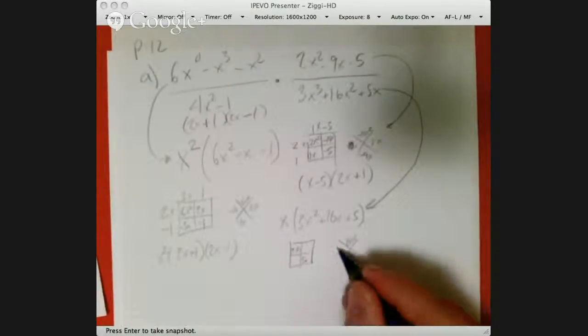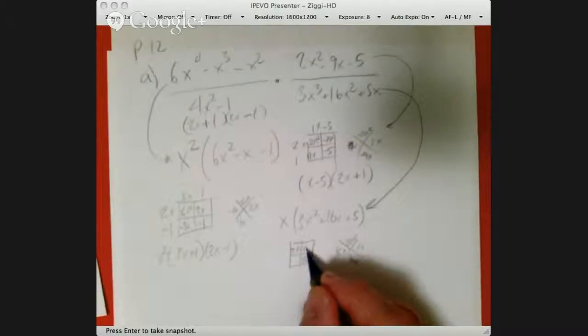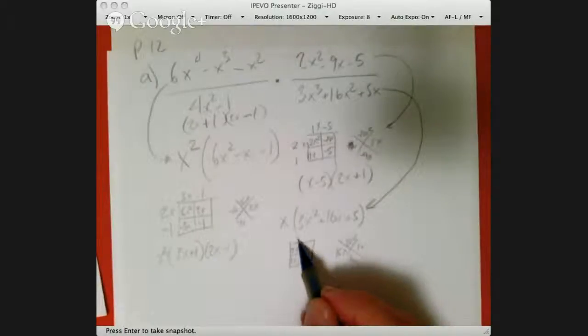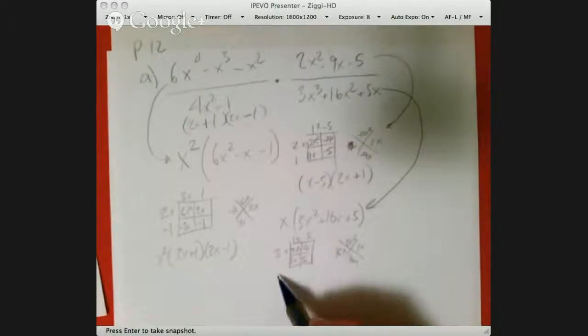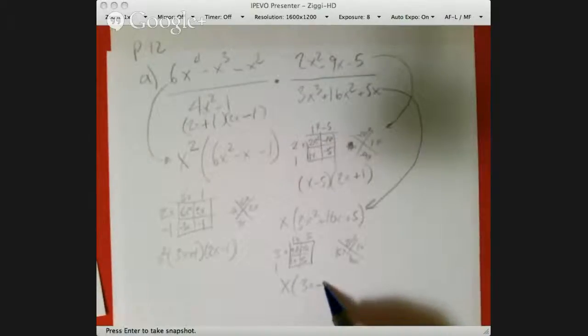So we're going to have 15x and 1x. There's a lot of 1's in here. And I'm going to do some factoring. So here I can take out a 3. There's a 1. That makes this a 5, and that makes this a 1. So we're dealing with x, 3x plus 1, and x plus 5.